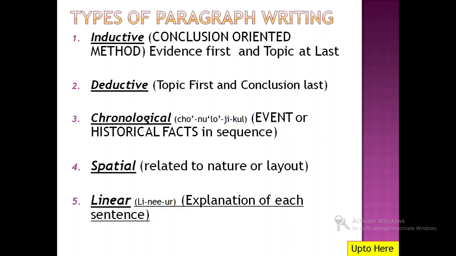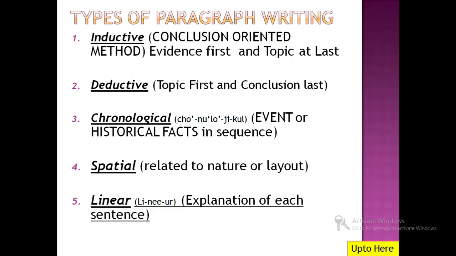Okay, is that clear? When you are depicting something about your tour to a hill area, I am saying it again, when you are depicting your hill area tour to a friend or a family member, there you will use the spatial way of paragraph writing because you will highlight all the objects which you encountered on your tour, like the roads, hilly roads, mountains, snow, or anything which is different from the plain areas.